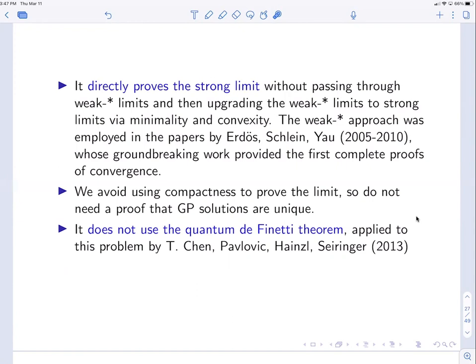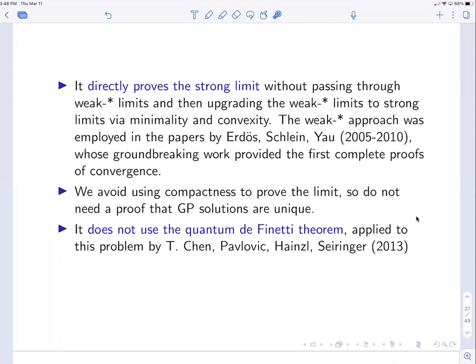And so since we just have a way of writing down the difference and estimating that directly, we get a strong limit directly. We also avoid the compactness step in just writing it that way. So one thing that they had to do was prove that the solution to the limiting object, so that is the solution to the Gross-Pitaevskii equation, is unique. And then that gave them uniqueness of the limits, so that there is a single limit in the convergence of the sequence. So we don't need results on uniqueness of GP solutions when we do it this way.